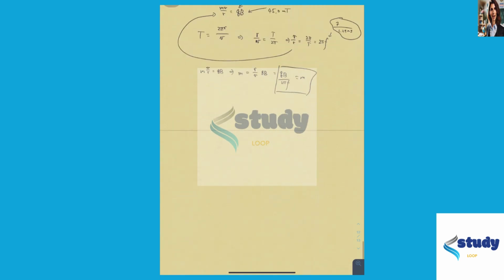And if you convert that answer from kilograms or whatever other units into atomic mass units, you will find that the mass is 127 atomic mass units. Okay, so this is the answer to this problem. Thank you very much. See you in the next video.